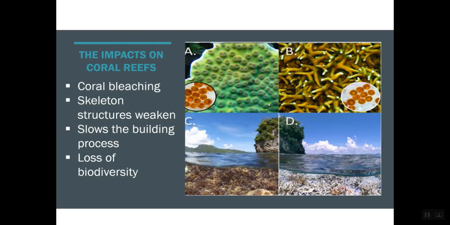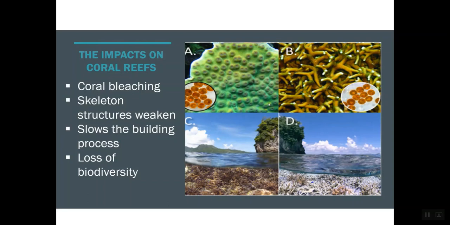And as you can see in the picture, at the top you can see the two different types of corals, the brown polyps and the red beneficial algae. In the bottom left-hand corner, you can see the healthy photosynthetic algae with its color. On the right, you can see the bleaching that has occurred when they expelled their algae. And unfortunately, if temperatures do not return to normal and they do not take back their algae, they basically will starve and die.